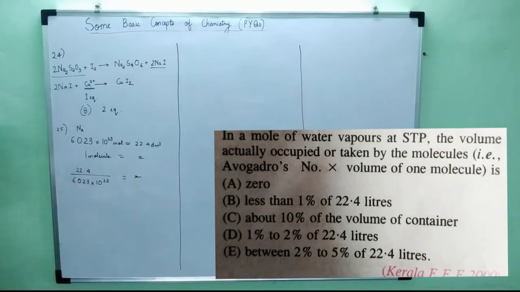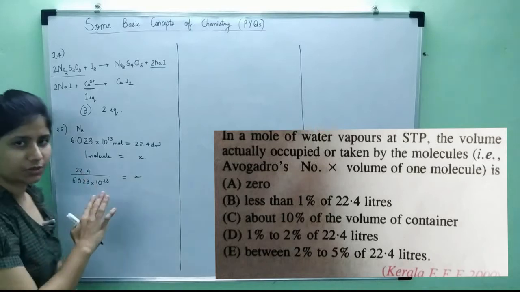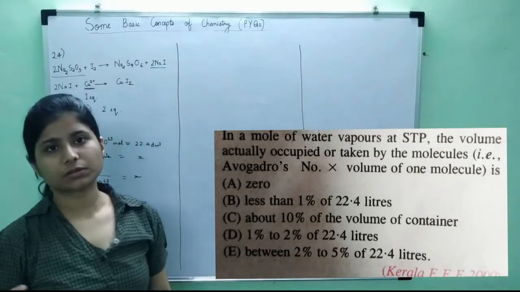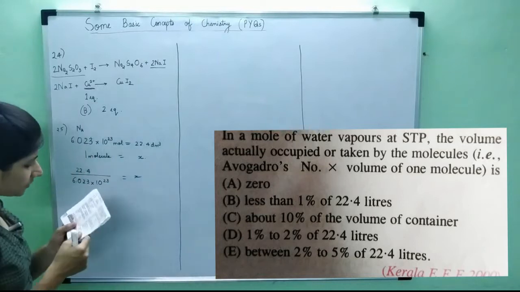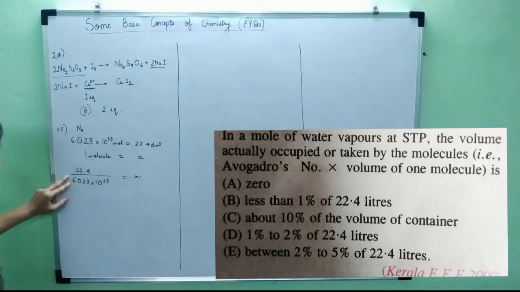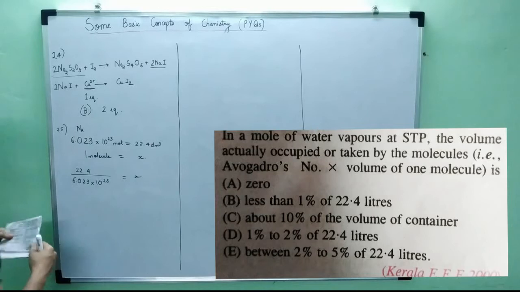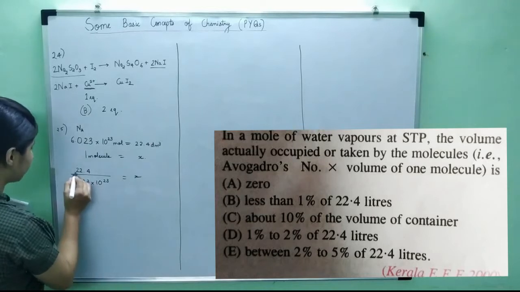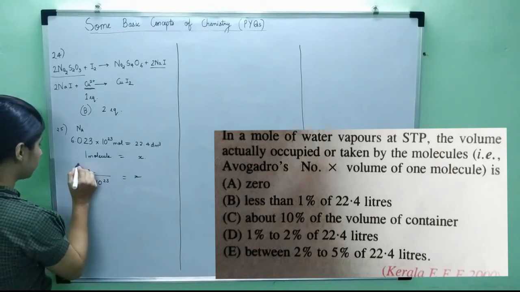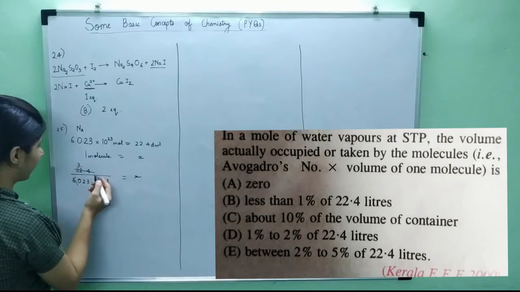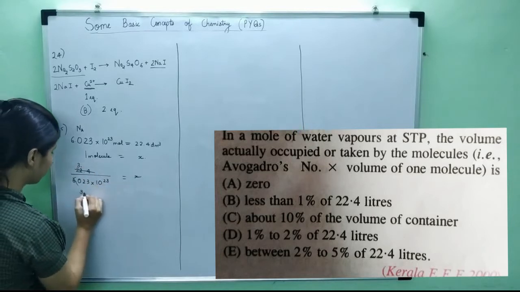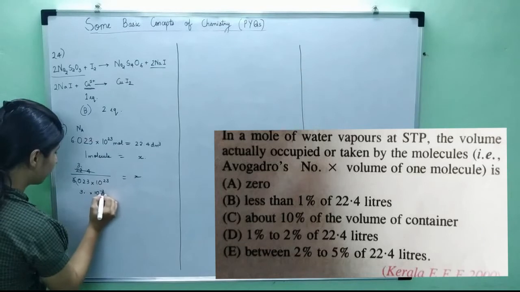Let's keep the equation till here and see the options. The first option is 0. If I divide these two, taking this as 6, I get 3 point something into 10 to the power minus 23.